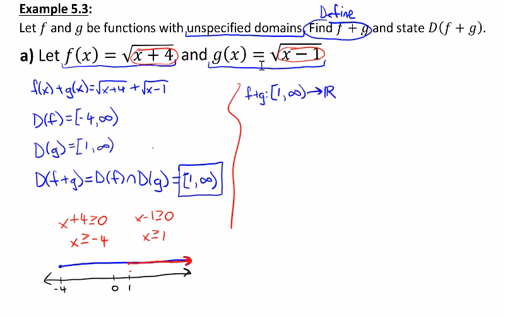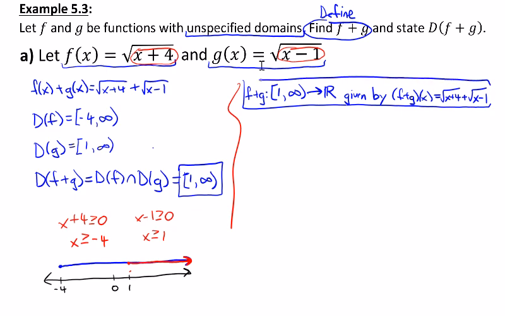That's what maps to other real numbers, given by f plus g of x is equal to the square root of x plus 4 plus the square root of x minus 1. And that's the last thing that we have to find here to fully define f plus g.